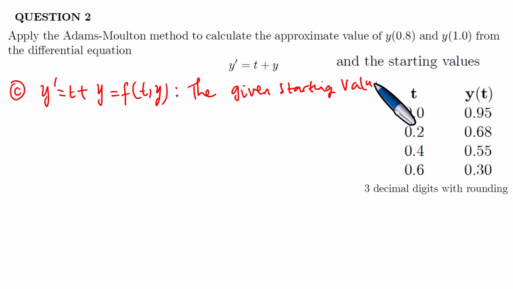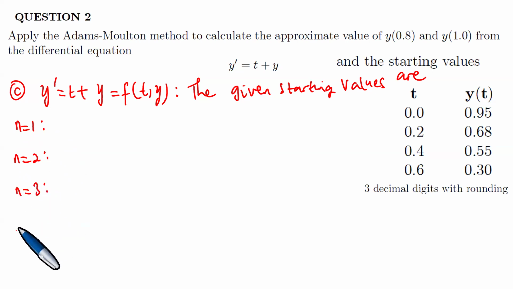The given starting values are n equals 1, n equals 2, n equals 3, n equals 4, and then you have the values of t.